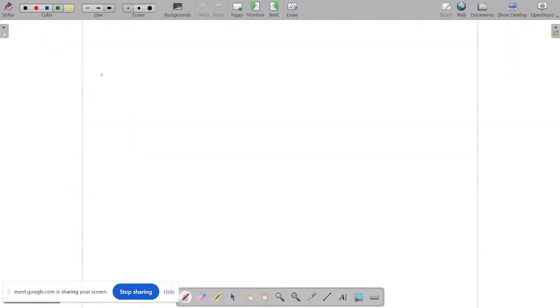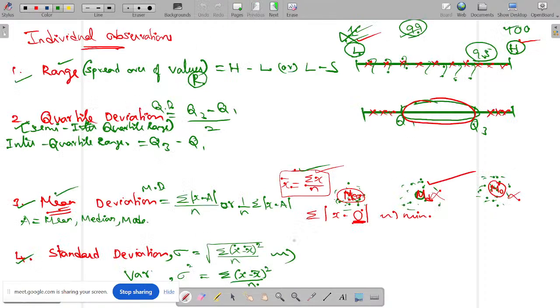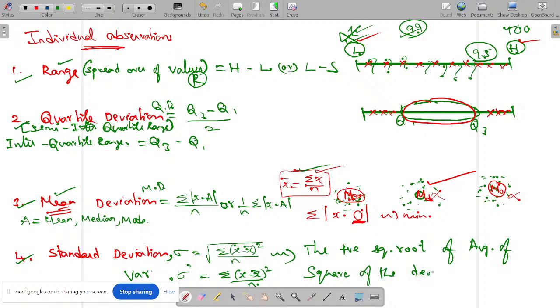If you take the square root, you're aware of this concept. If I want to take the square root of 4, what will be the value? You get two values, plus 2 and minus 2. So whenever we talk about the square root, we may get two values, the positive value and the negative value. Here we are talking about the deviation. We want to consider only the positive value. That's why we have this formula as the positive square root of the average of the squares of the deviations taken from the arithmetic mean.